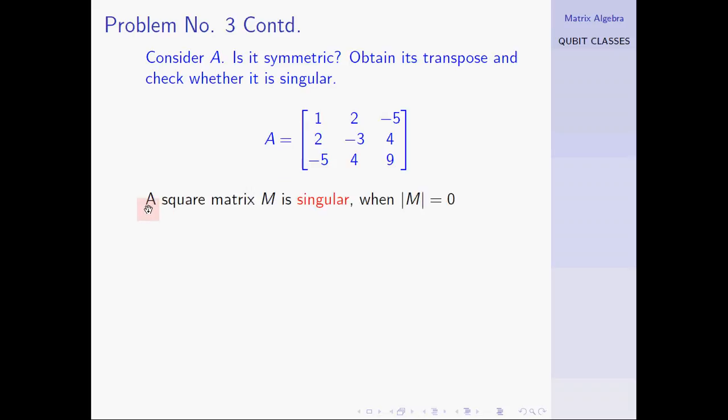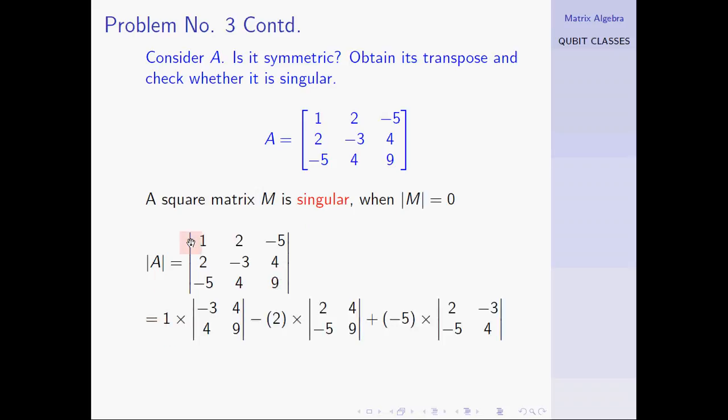In general, a square matrix M is singular if the determinant of M is equal to 0. Now I assume that you have some background of determinants and how to evaluate them. The determinant of A will be a 3 by 3 determinant, and generally the elements of a determinant are written between two vertical lines.